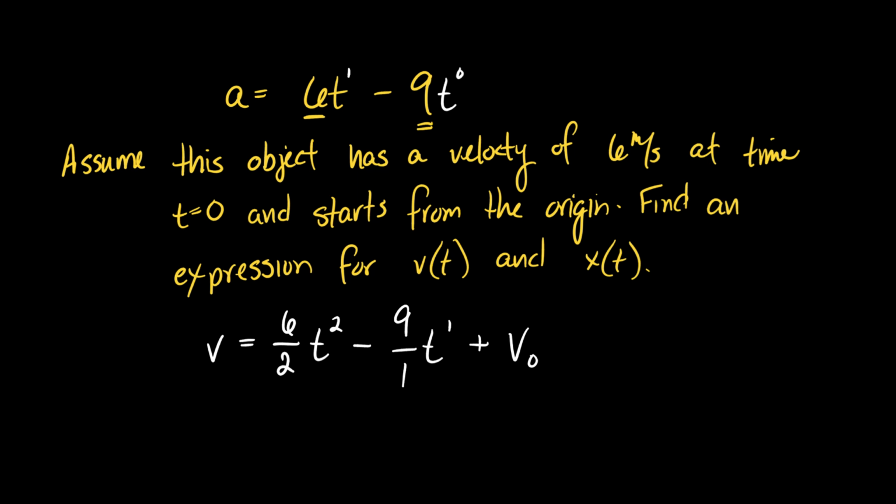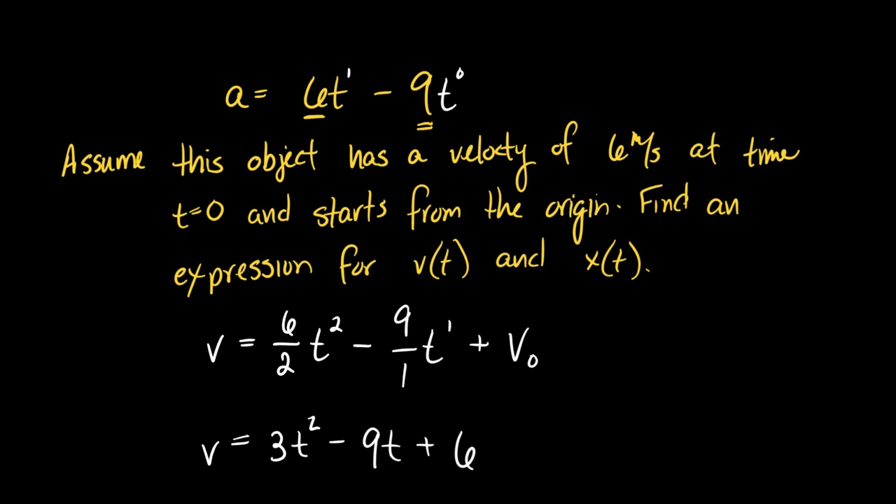Now, I gave a number to use of 6, but start with the constant. Now, I should write my expression more clearly. So v is going to be 6 divided by 2, 3t squared, minus 9 divided by 1, 9t, plus 6.